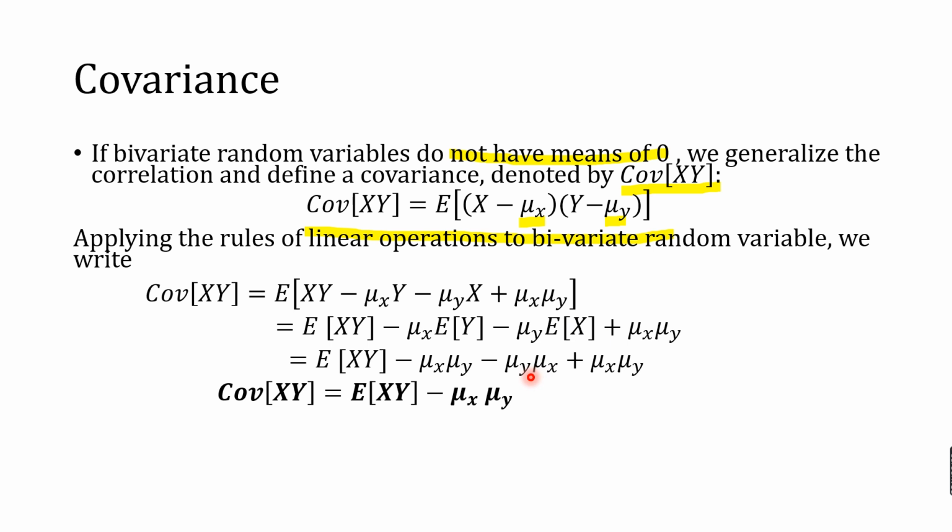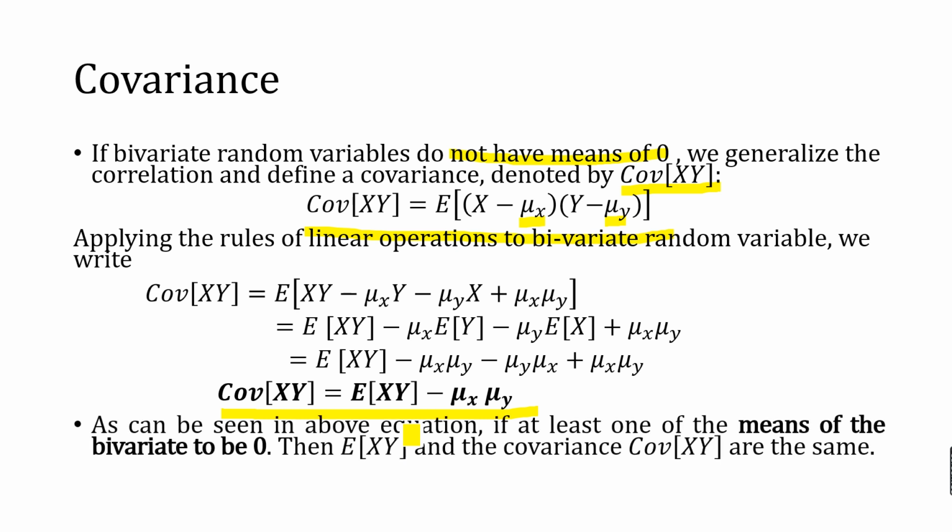After simplification, we get one standard relation between correlation, covariance, and the means of the random variables. It is a good relation between all these parameters: covariance of xy equals correlation between x and y minus mean of x into mean of y. All right.